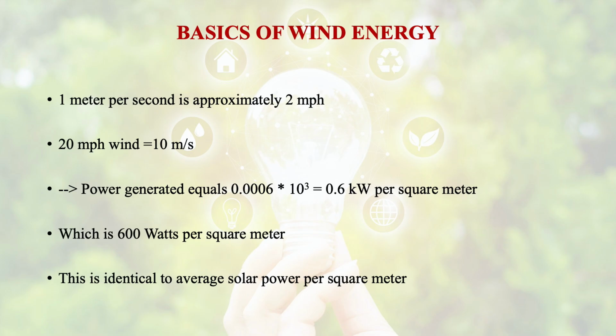So the power generated is equal to 0.006 into 10 to the power 3, that is 0.6 kilowatt per square meter. So 600 watts per square meter is the power that is generated from the wind, and this is identical to average solar power per square meter.